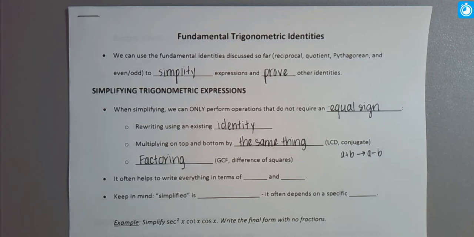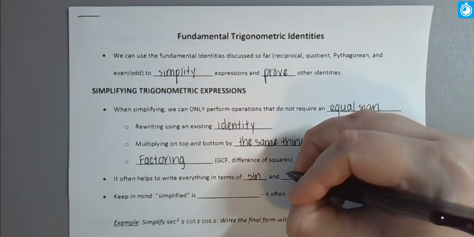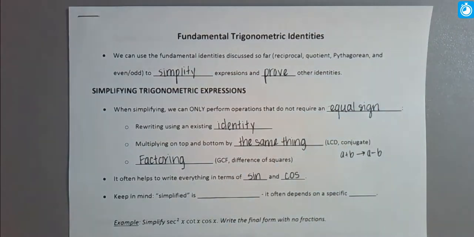Now, if you're stuck, if you see an expression and you don't really know where to start, or maybe you've just gotten to the point where it doesn't seem like you have any other options, oftentimes it's going to help to write everything in terms of sine and cosine. When we looked at the unit circle, we discussed the fact that pretty much everything is related to sine and cosine.